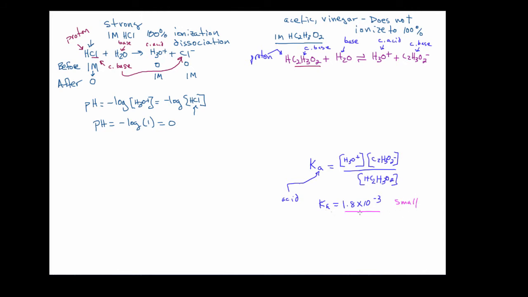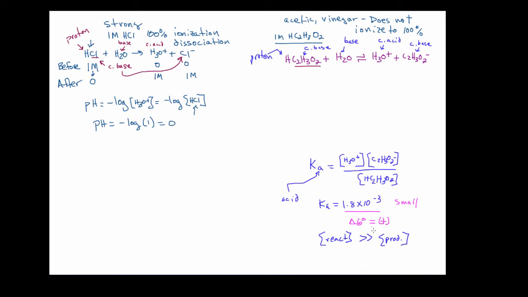Reminding students of the thermodynamics, that means the delta G for this reaction is going to be a positive value, probably somewhere between 20 to 50,000 joules. Because it's a small equilibrium constant, when we get to equilibrium, the concentration of reactants is going to be much greater than the concentration of the products.